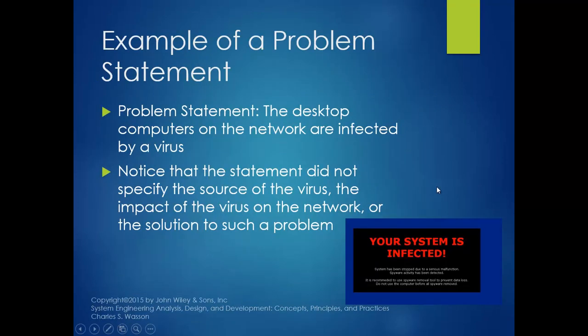As an example of a problem statement, the desktop computers on the network are infected by a virus. So notice that the statement did not specify the source of the virus, the impact of the virus on the network, or the suggested solution to such a problem. Although we might know the solution at this point, we will not suggest any solution.